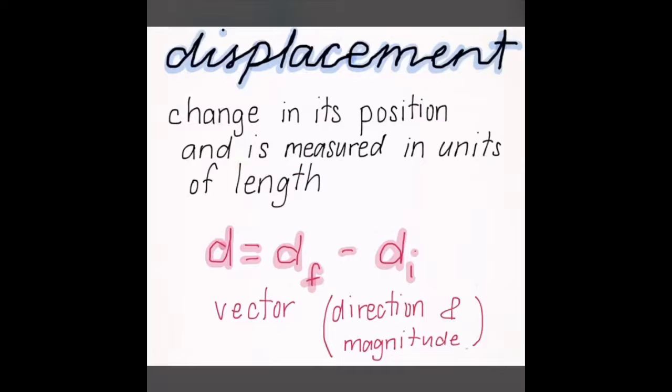That might sound like a lot for you right now, but displacement is basically the change in the x-axis, like if they're moving, the change from point A to point B. The way we figure out displacement is through the equation d equals d final minus d initial. Displacement is a vector quantity, meaning that it has both direction and magnitude.